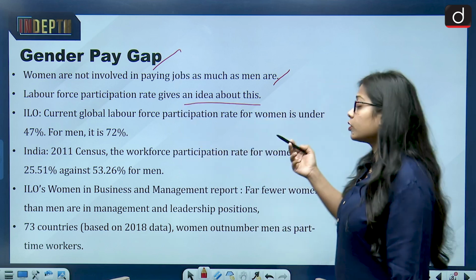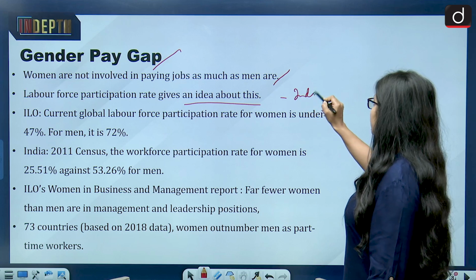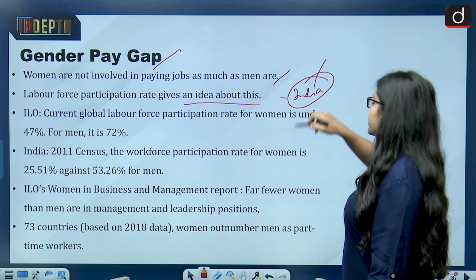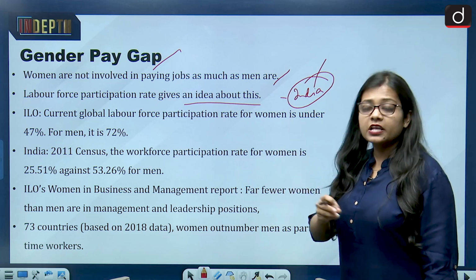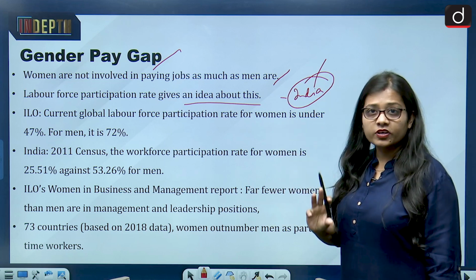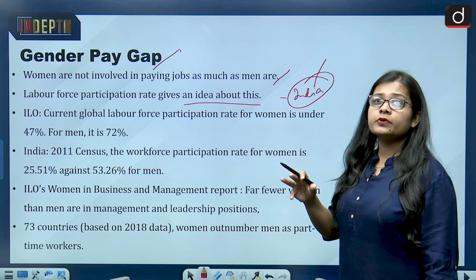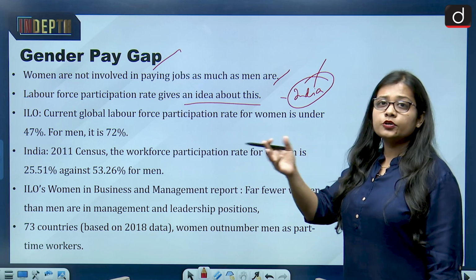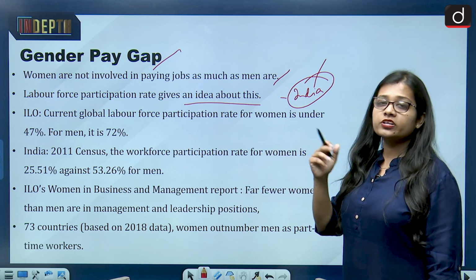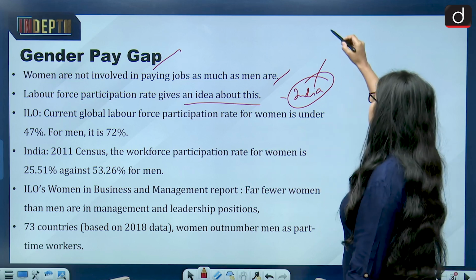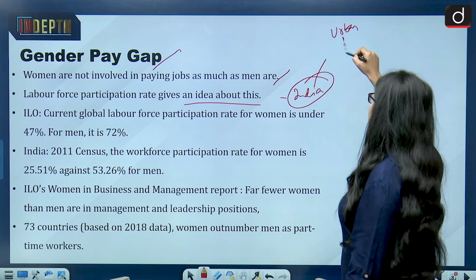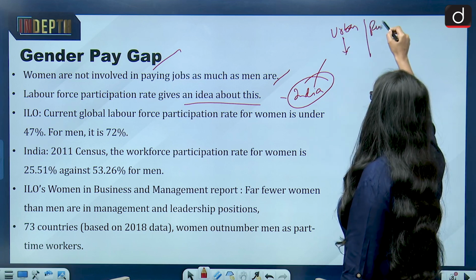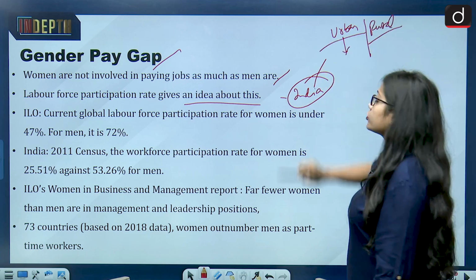If we talk about India, it is very clear, because the female labor force participation has always been in our country in the range of 18 to 25 percent, even though it is now increasing. But the difference is that urban female labor force participation is less as compared to rural labor force participation.